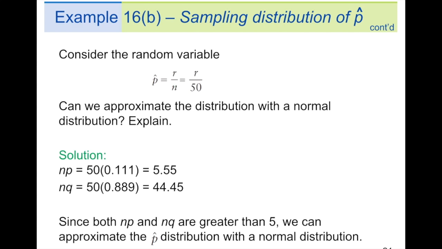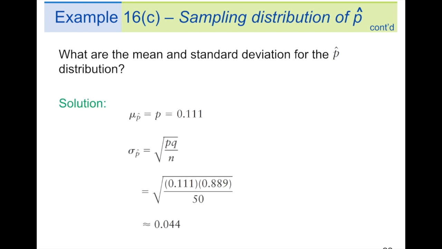So consider the random variable p hat equals r over n, so r over 50. Can we approximate the distribution with a normal distribution? Explain. So np will give us 5.55 and nq will give us 44.45. Since they're both greater than 5, we can approximate the p hat distribution with a normal distribution.